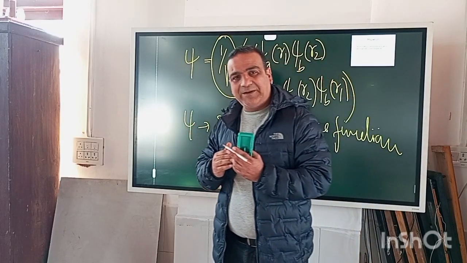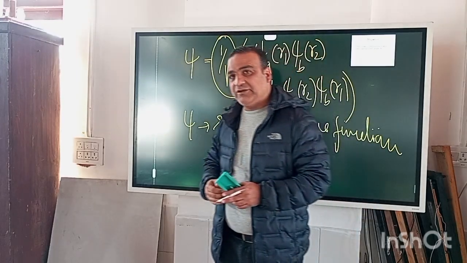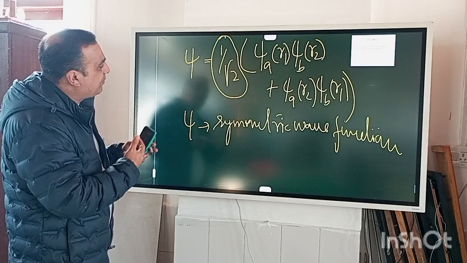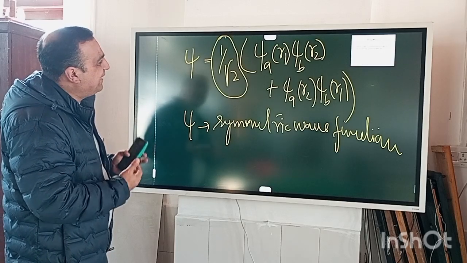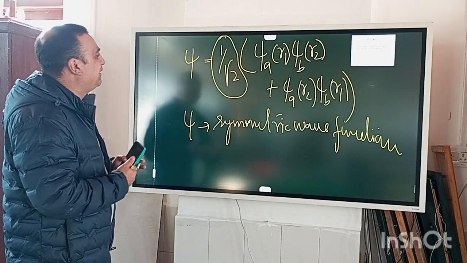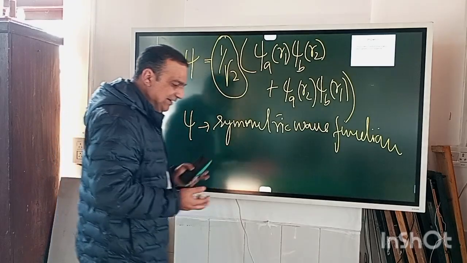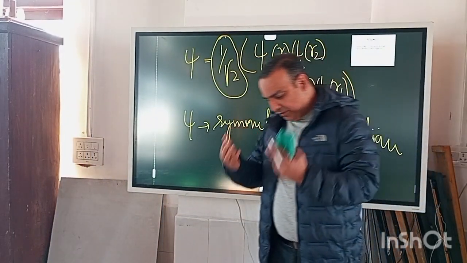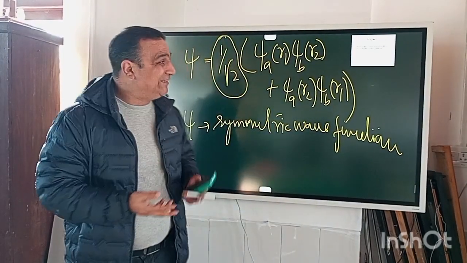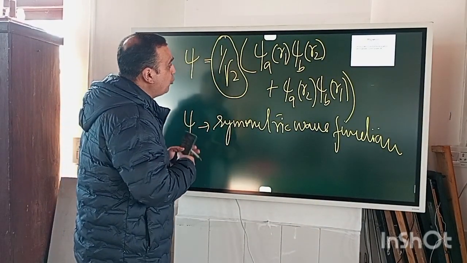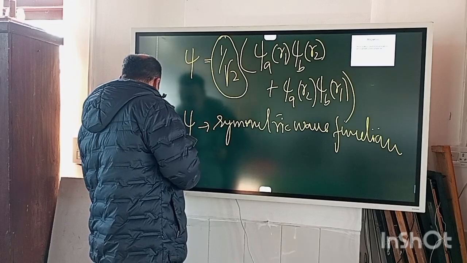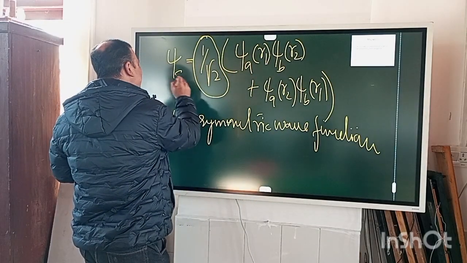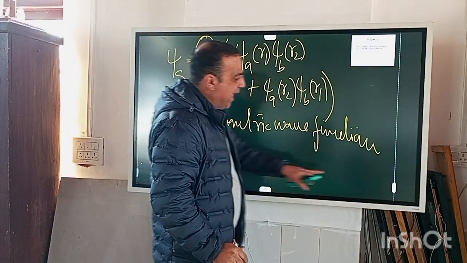You're exchanging the particles, there's no change in the sign of the wave function, then this is indicating that the particles that you are dealing with are bosons, and you can have more than one particle accommodated by the same quantum state, by the same quantum regime. Now, the next thing that we have, so what we have here, we have psi s.